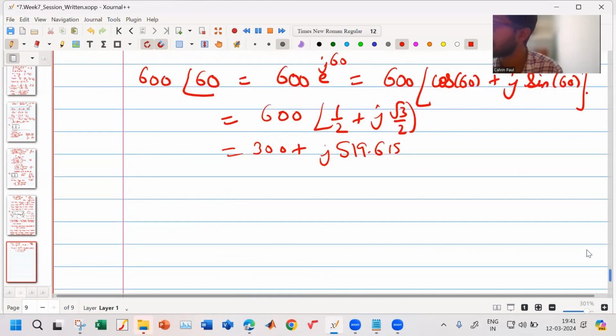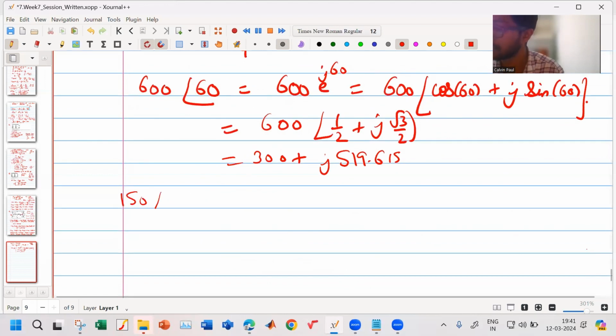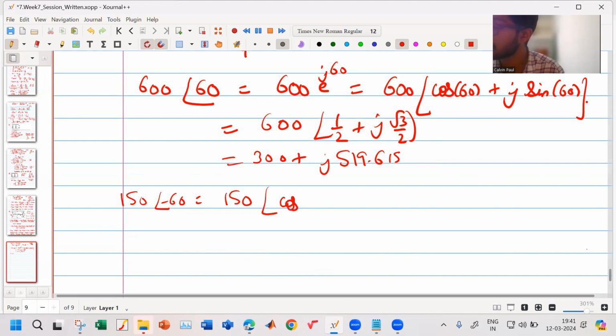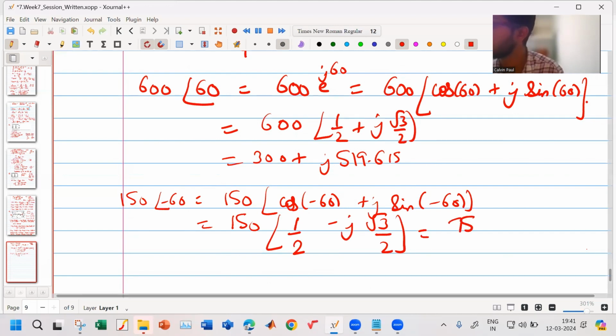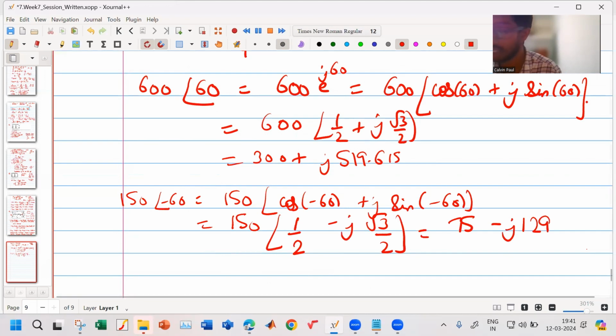Similarly, 150 angle minus 60 is equal to 150 into cos of minus 60 plus j sine of minus 60. So that is 150 into half minus j root 3 by 2, that is equal to 75 minus j 129.9.